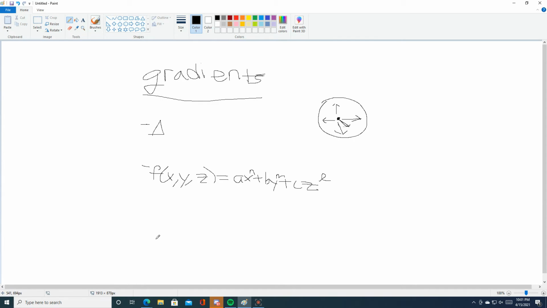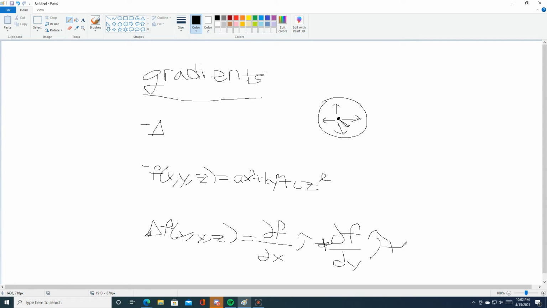The gradient, expressed with a delta symbol, of f(x, y, z) is going to be the partial derivative of f with respect to x in the i, plus the partial derivative of f with respect to y in the j, plus the partial derivative of f with respect to z in the k.